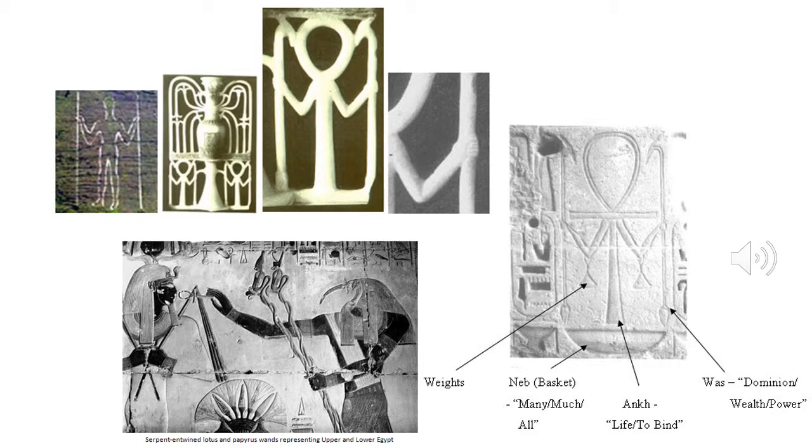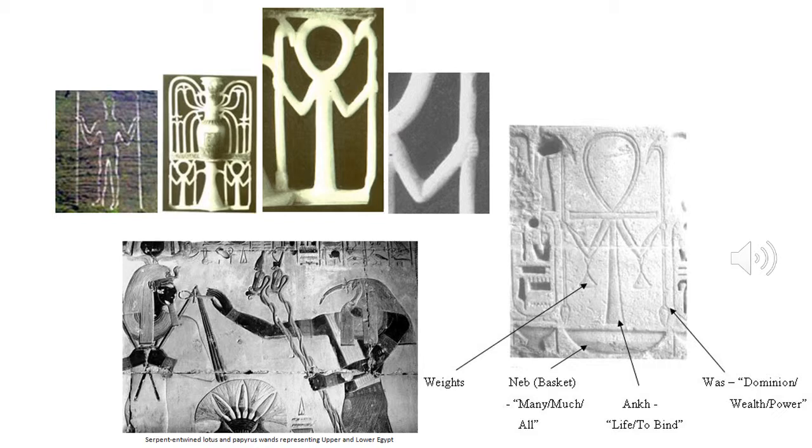We've got the flower and the papyrus, and we've got the crown of Upper Egypt, the crown of Lower Egypt, and the two cobras around them are the two cobra goddesses of Upper and Lower Egypt. So demonstrating quite clearly that two staffs can represent upper and lower regions.